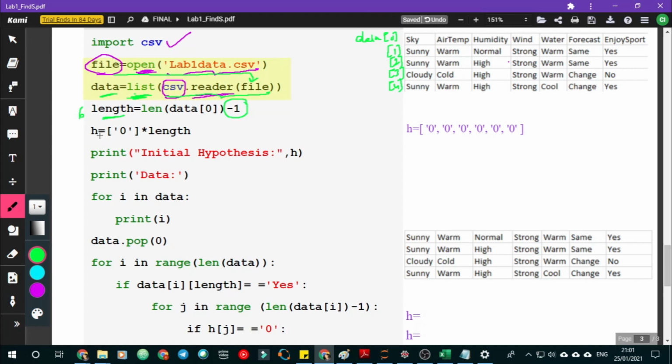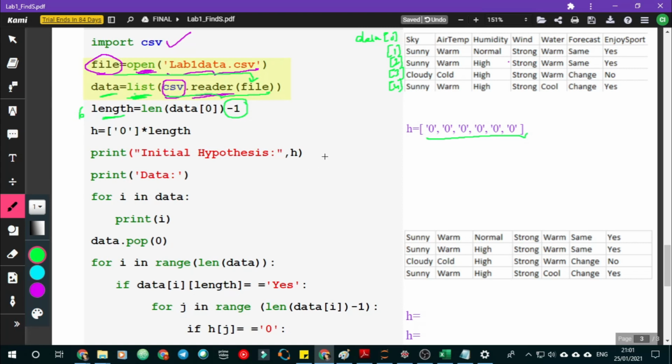And how do I initialize the hypothesis? H is equal to a list containing the string 0, multiplied by 6. This list value is multiplied by the number 6, so we have a list with this null value copied 6 times.